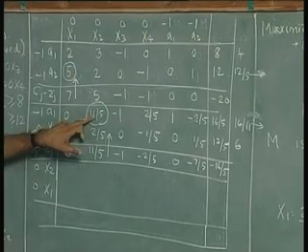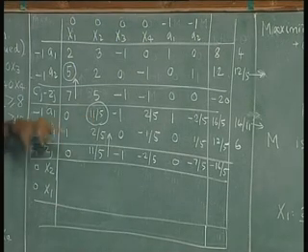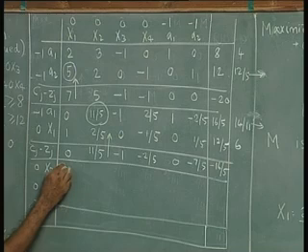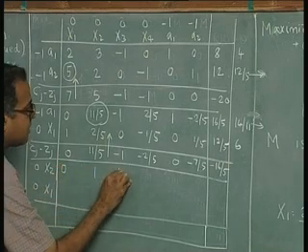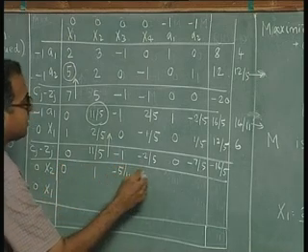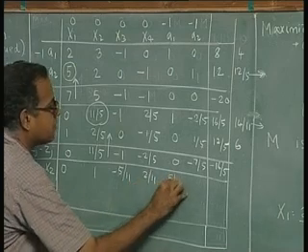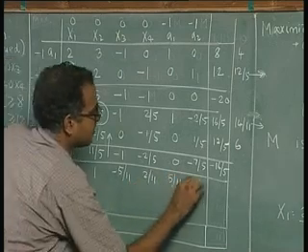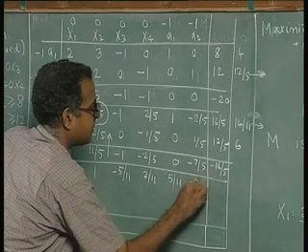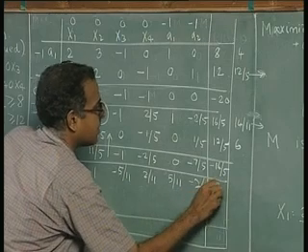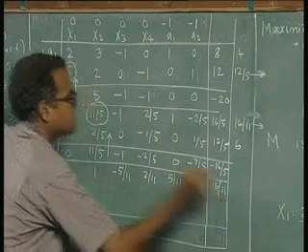This is the pivot element. Divide every element of the pivot row by the pivot element. So, 0, 1, minus 5 by 11, 2 by 11, 5 by 11, minus 2 by 11, 16 by 11.